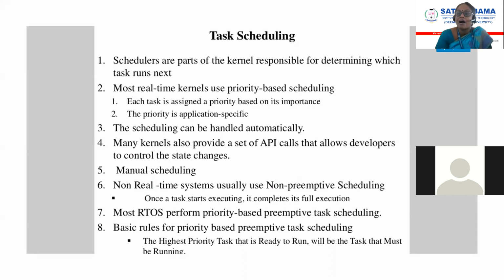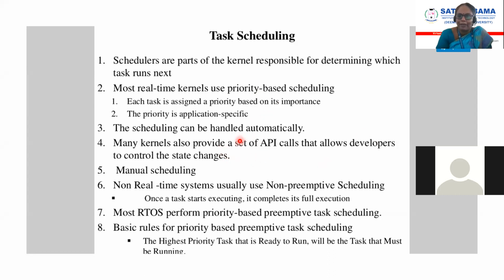Priority is application specific. I told you, when you go for an automatic car, the airbag has to come automatically within a stipulated time period. So the priority is application specific. It has to be handled automatically, not manually.